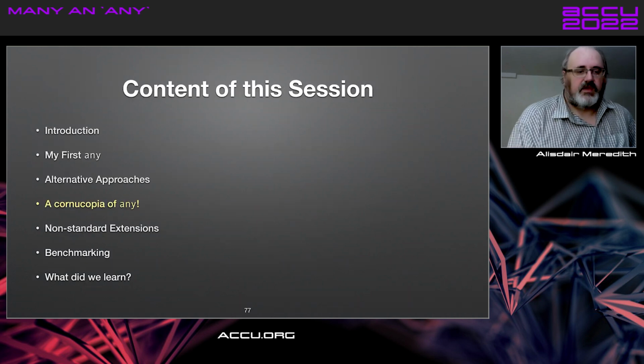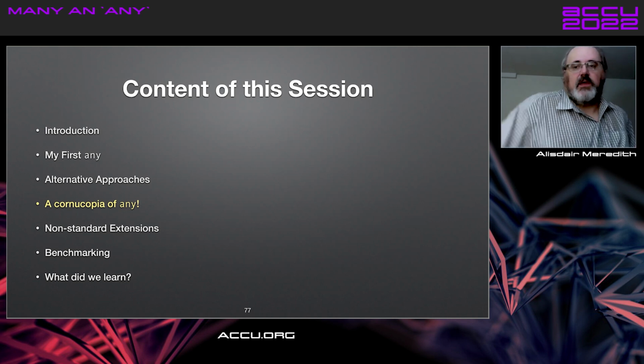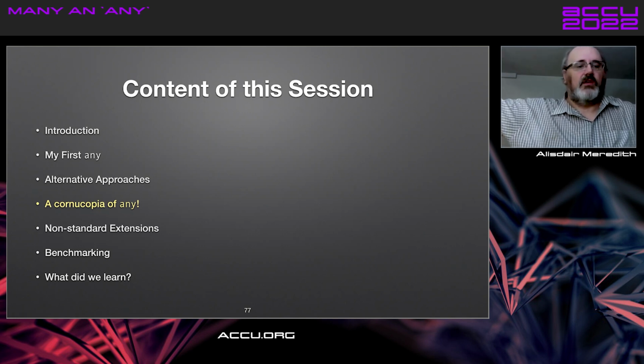And at this point, there's a couple of other implementation ideas, where I can replace the virtual functions with a manually coded up table of pointers, kind of like we saw in the first any. But I can move, because that set of pointers is the same for any object of that type, I can just move that whole table of pointers off into static storage somewhere and just point to the appropriate table, kind of like storing a vtable pointer of my own.